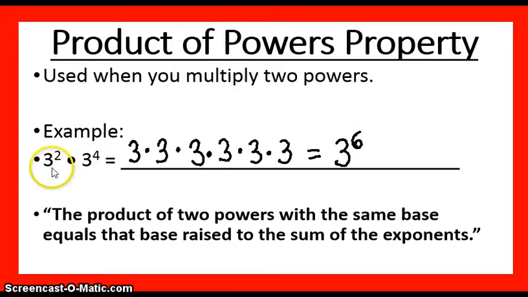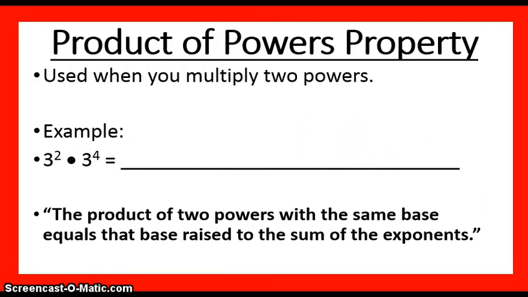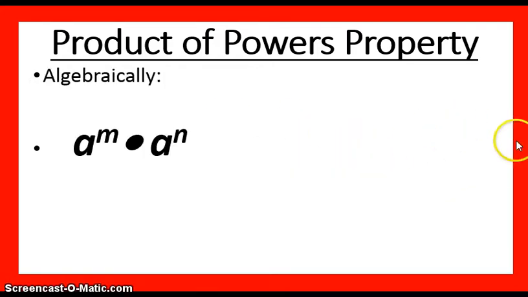A shortcut is to keep the base the same, add the exponents. 2 plus 4 is 6. Algebraically, this rule can be represented this way. If you have some base number to a power times the same base number to a power, it will always equal the same base to the sum of the exponents.